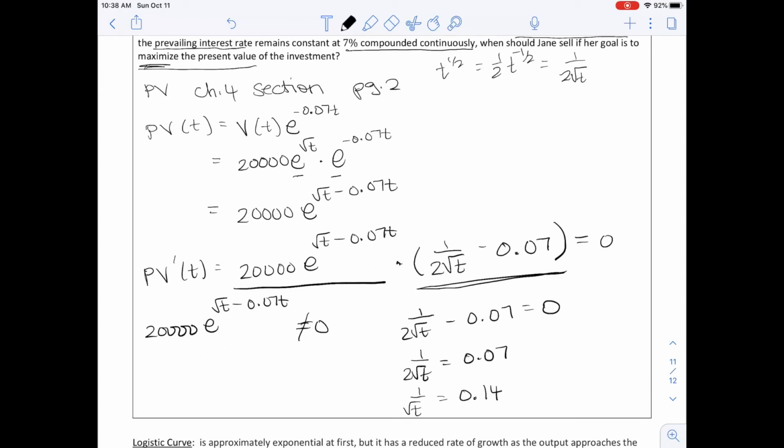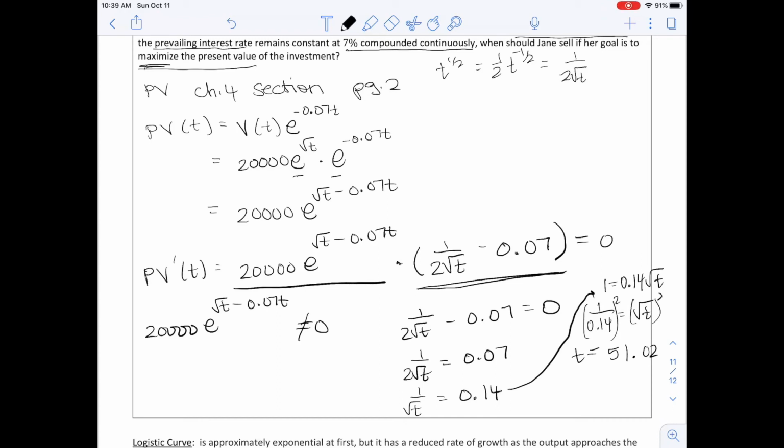From here, I can multiply both sides by the square root of t, and I have 1 equals 0.14 square root of t, and then dividing by 0.14. To isolate t, I'm going to square both sides. When I square both sides, I get t is about equal to 51.02.